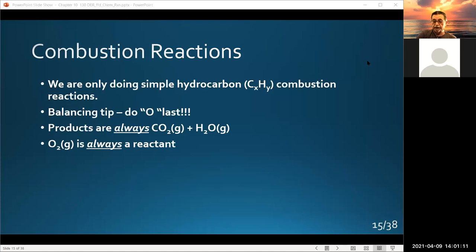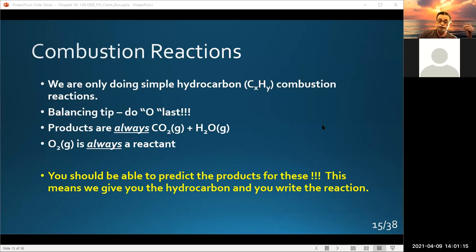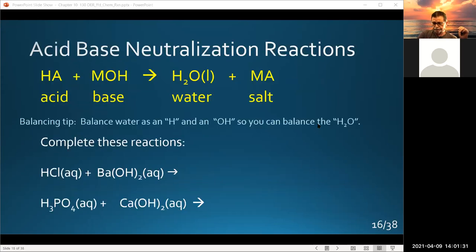And oxygen obviously is always a reactant. All right. So you might just be given the hydrocarbon. Okay. So now you know what the products of a hydrocarbon combustion reaction are, and what the reactants of a combustion reaction are.